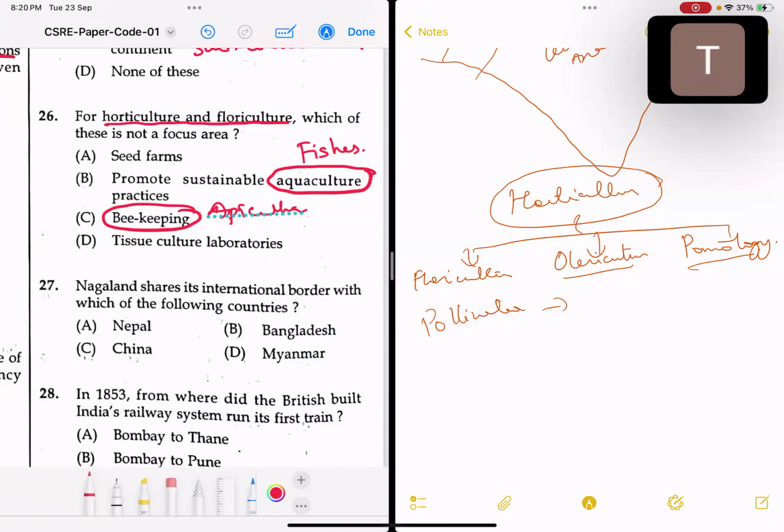Only after pollination takes place will fruits be formed and seeds be formed. Without pollinators, pollination cannot take place. Because of this, beekeeping or bee rearing is always considered a part of the entire spectrum of horticultural cultivation. So beekeeping is also an appropriate option. The one which is not in the focus area is aquaculture.